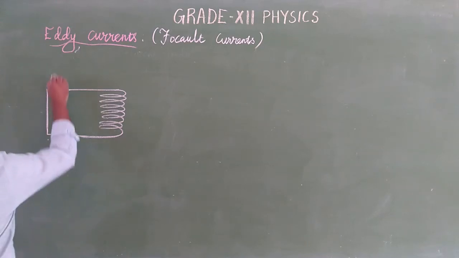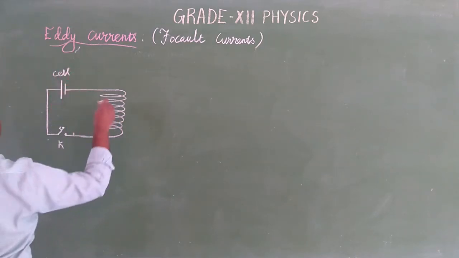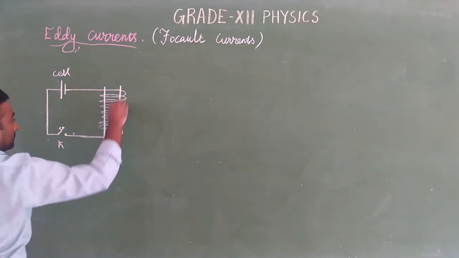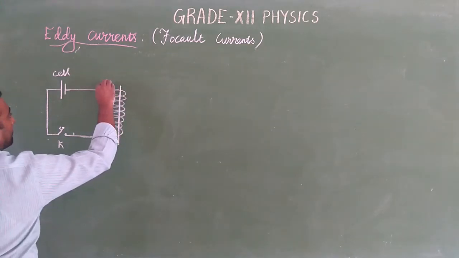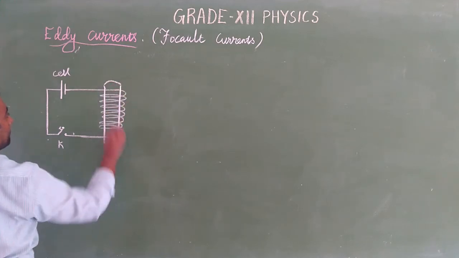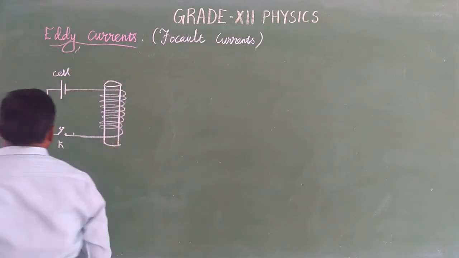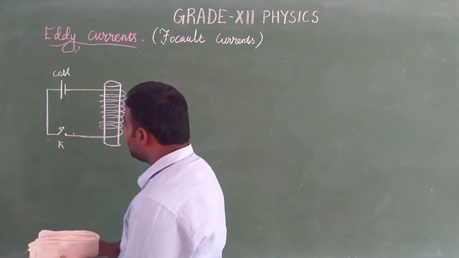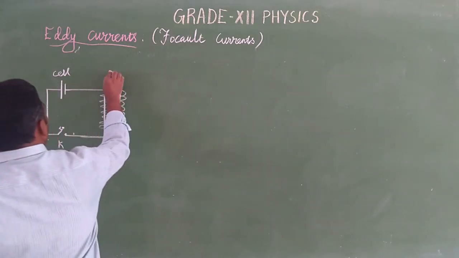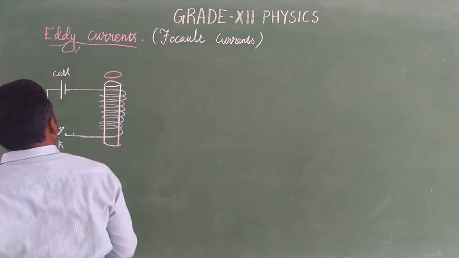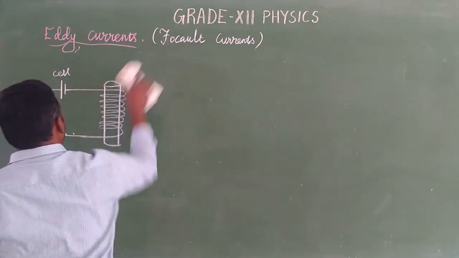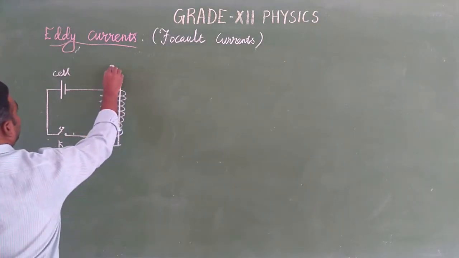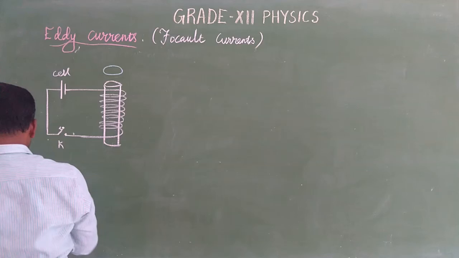Okay, this is a tap key, this is a cell, and this is a long solenoid. Listen. Initially we are placing a small metal disc on the upper end of the solenoid. This is a metal disc.